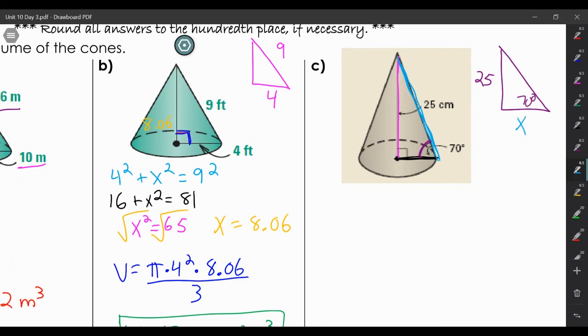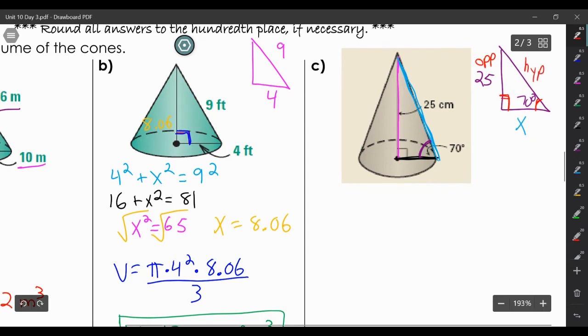So then what we'll have to do is use Sohcahtoa. So if this is my angle right here, this is the opposite side. This is the hypotenuse because it's across the 90-degree angle. And x right here, this is the adjacent side.